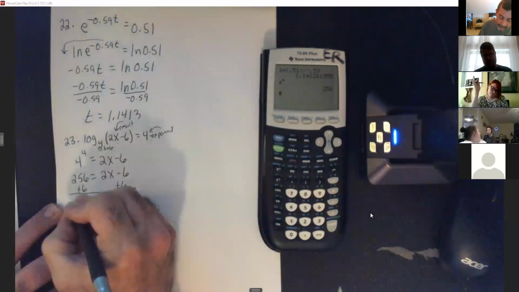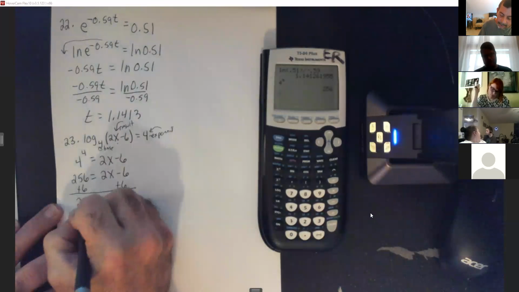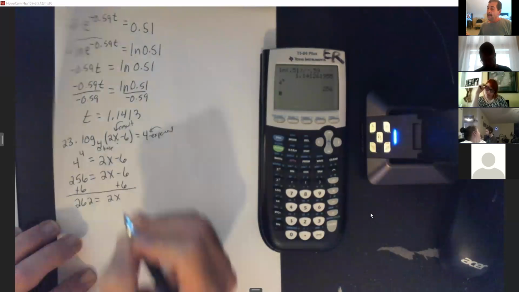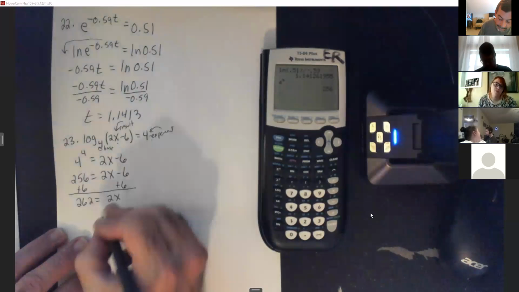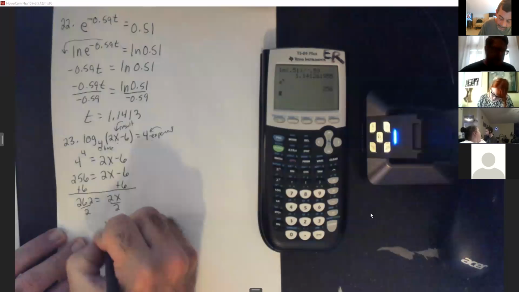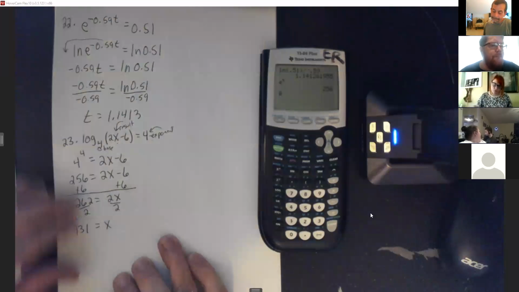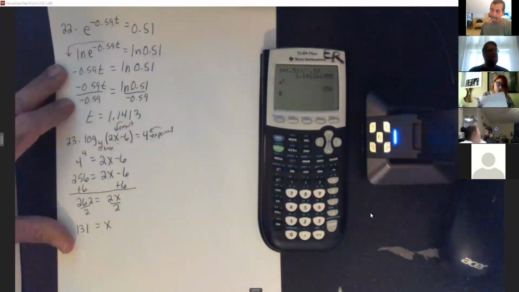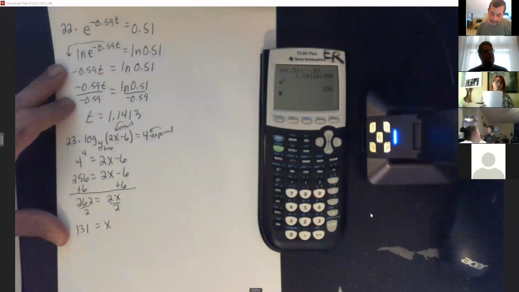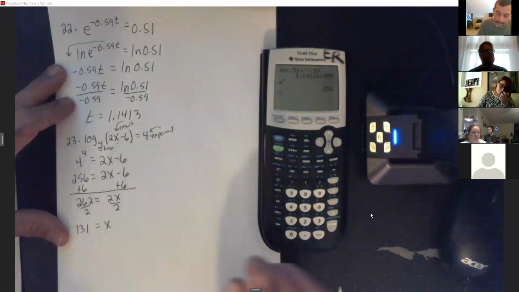What's that? 262 equals 2x. And then divide by 2 and be done. 131. Okay. All righty, that gives me 2 more to go.